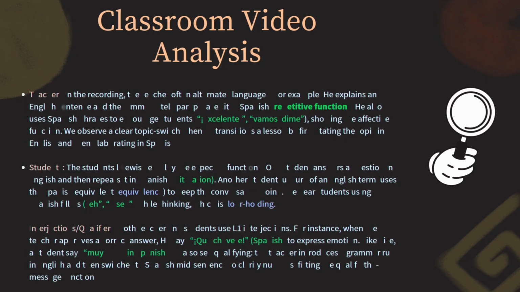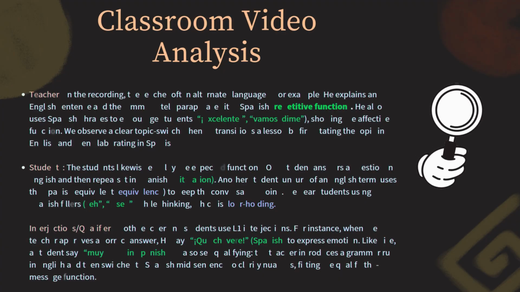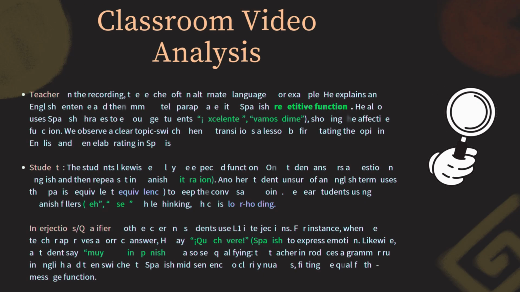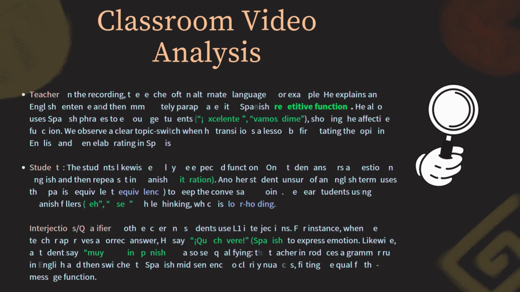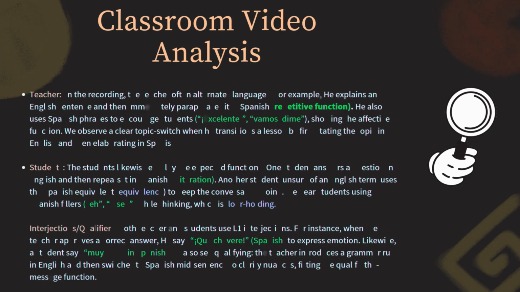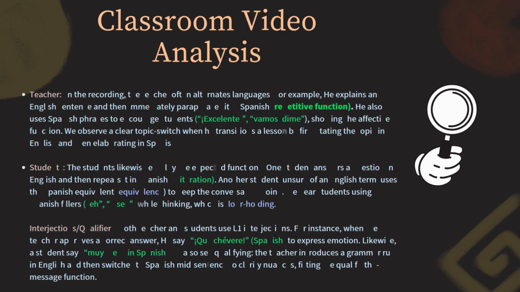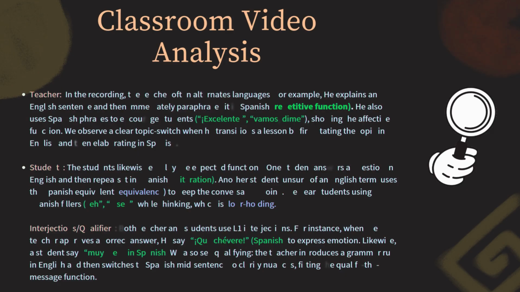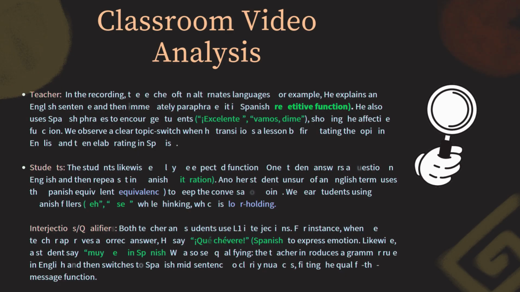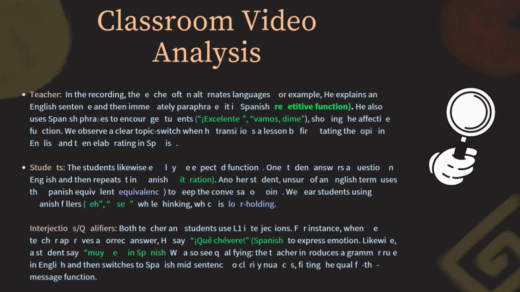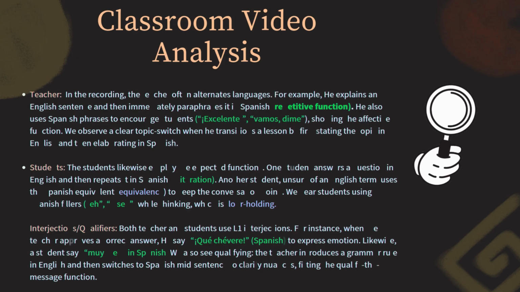The classroom segment clearly illustrates the literature's categories. The teacher's switches match Cert and Muñoz descriptions. He uses Spanish to shift topic and clarify meaning, and to build rapport: affective. The student switches also align.